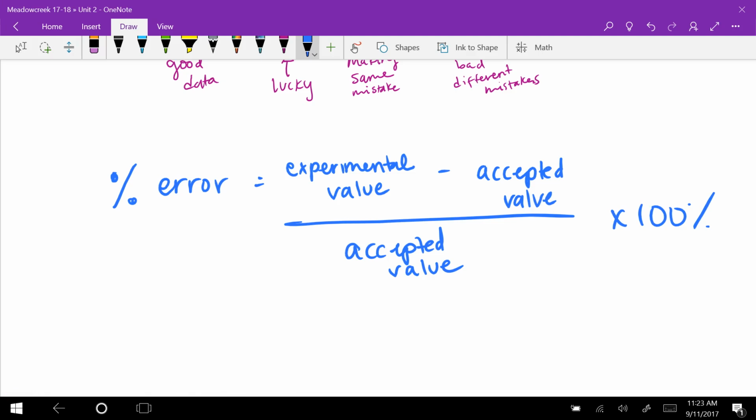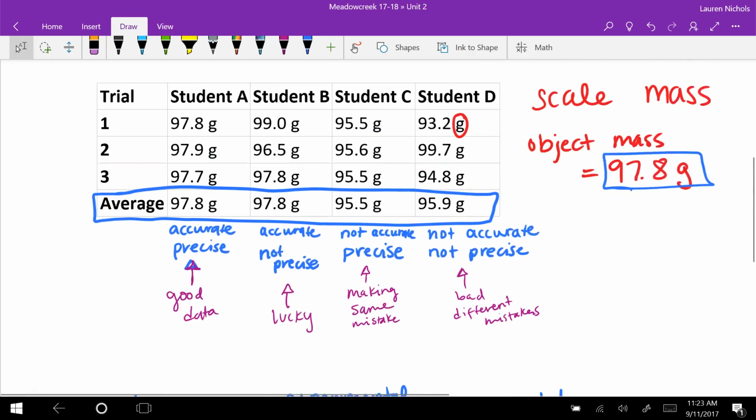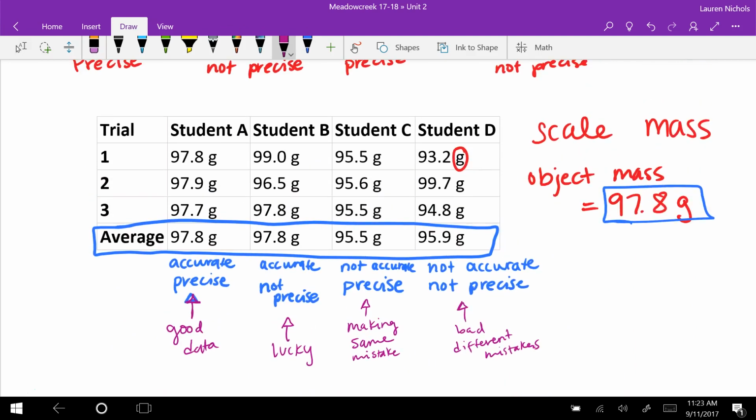For example, if we were to take one of the data points from our graph, let's say we want to know how wrong. We know that student C was wrong, but we want to know how wrong. So we're going to take their average value here, which is going to be their experimental value, 95.5 grams. That is the number they got in their lab.